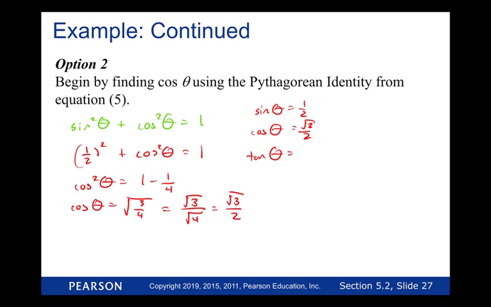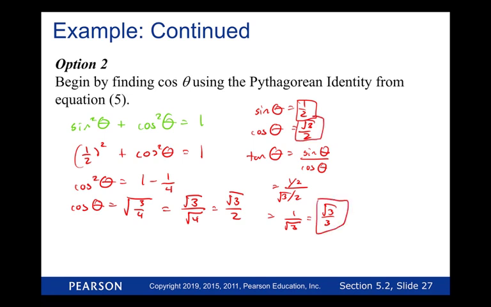Okay, so tan is sine theta over cosine theta. So that's going to be a half over root 3 over 2. Ultimately, you get 1 over root 3, which is going to be root 3 over 3. I kind of skipped some steps there. Is that okay, though? Once you get this set up, you should be able to crunch it down to here.